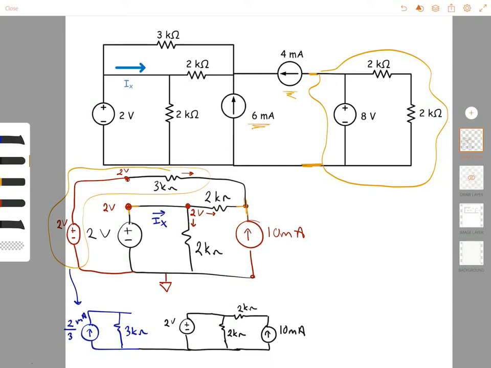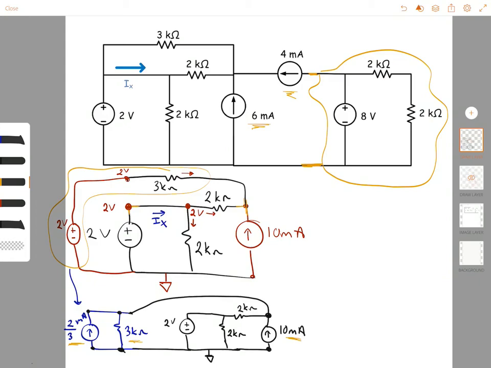Now the bottom of this is connected to here, which I had also shown as a reference. And the top part of this connection is connected up here. Now this 10 milliamp current supply is going from the bottom reference node to this node. And this combination also comes from the bottom reference to the same node. So it turns out that now I have a current supply resistor combination in parallel to my other current supply.